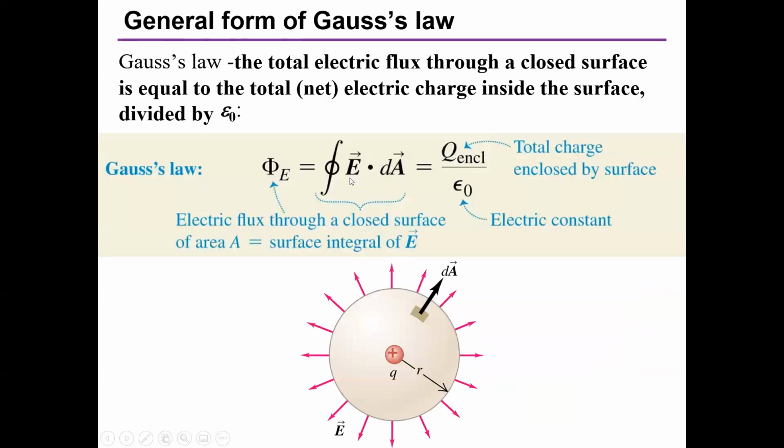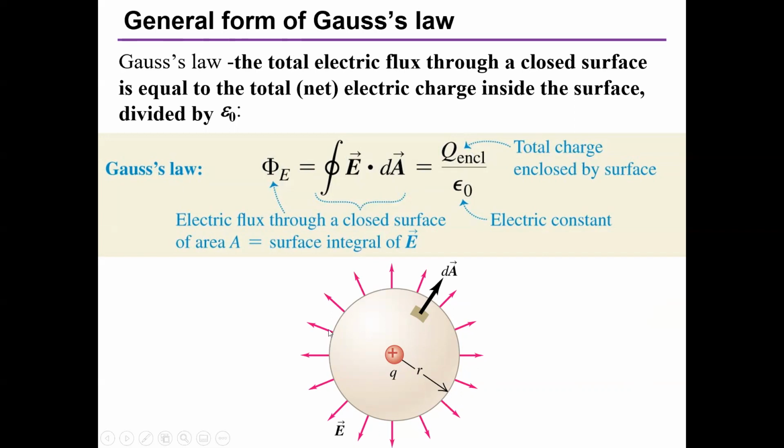Okay, let's define Gauss's law. Gauss's law states that the total electric flux through a closed surface that we call a Gaussian surface is equal to the net electric charge inside that Gaussian surface divided by the electric constant. So ΦE, the electric flux passing through this Gaussian surface, is the total flux, the integral of E dot dA, and it is equal to the total charge enclosed by this surface, Q enclosed, divided by epsilon naught, which is the basic electric constant.